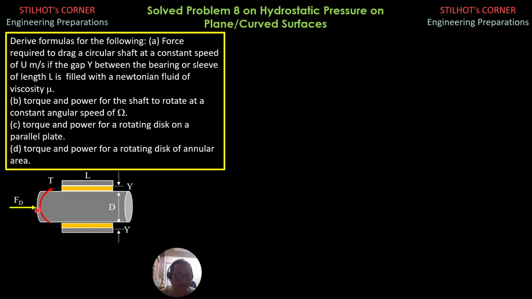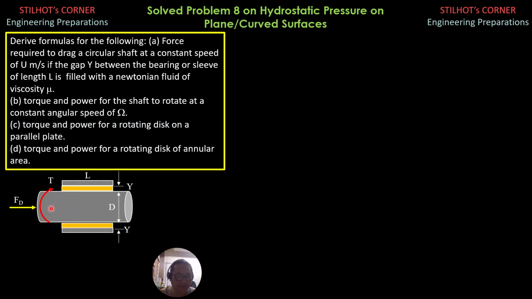This is the force that is required to push or drag this shaft. The movement is along the contact surface, so the resulting uniform speed is U.